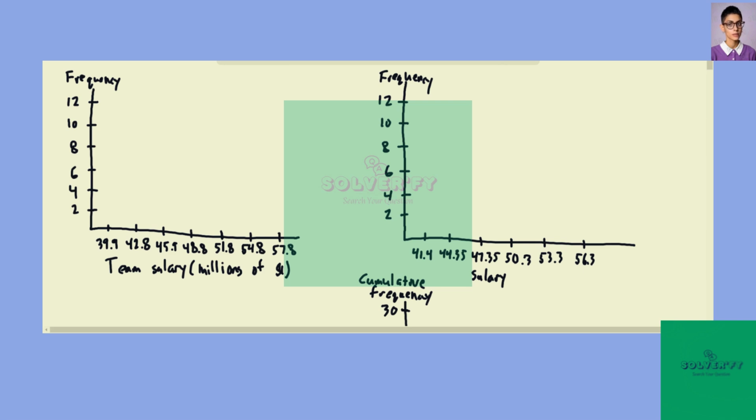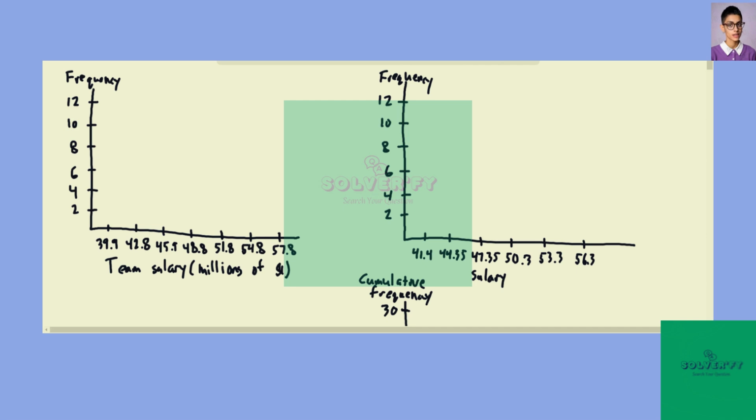And then the ogive, also known as the cumulative frequency polygon, we take the frequency polygon and for each class, we add up the total. So it'll be the cumulative total for each class and that below it.